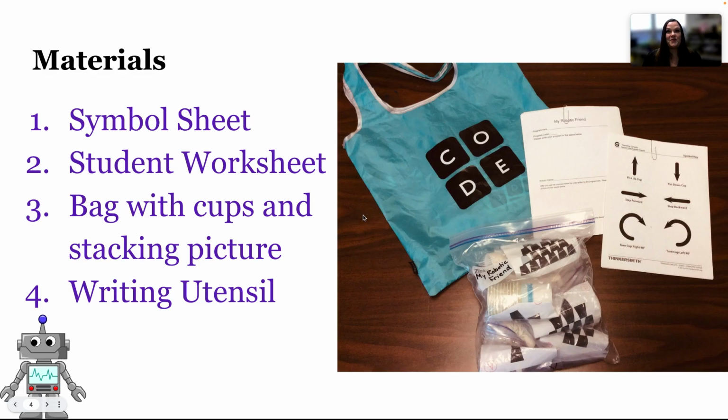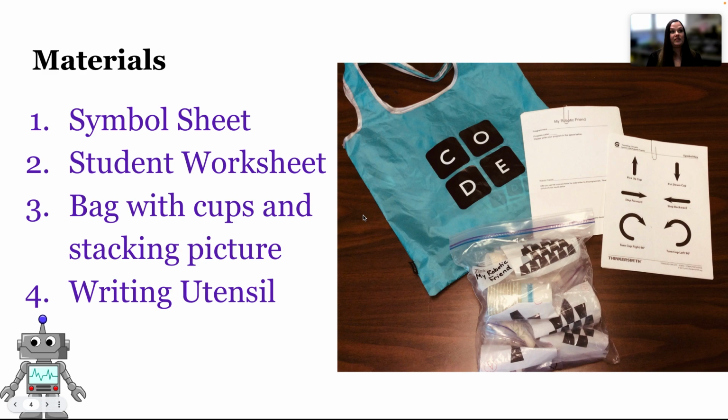All right, so to get started with this activity, the materials that you're going to need are number one, the symbol sheet, which is the sheet with arrows, a student worksheet, which is something that I created to organize student thinking, and I think it's very helpful in implementing the activity.